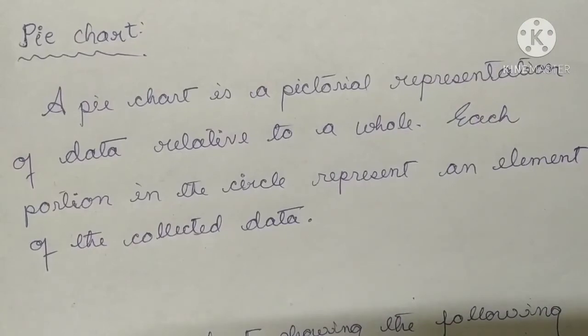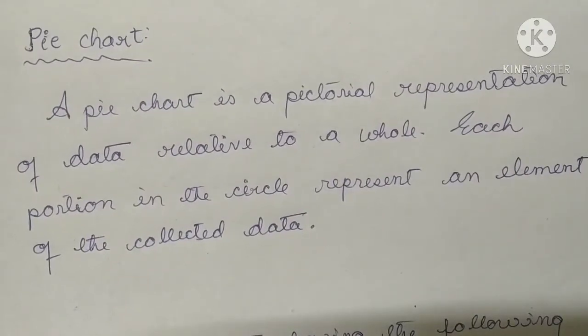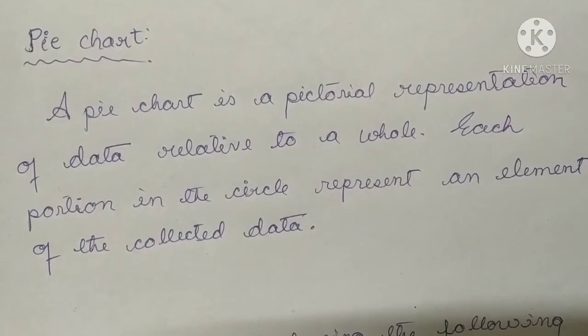In earlier videos we have learned what a histogram is, what a bar graph is. So a pie chart is also a type of pictorial representation where we represent the entire data in terms of a circle, and the different elements of the data are represented in different sectors of that particular circle.